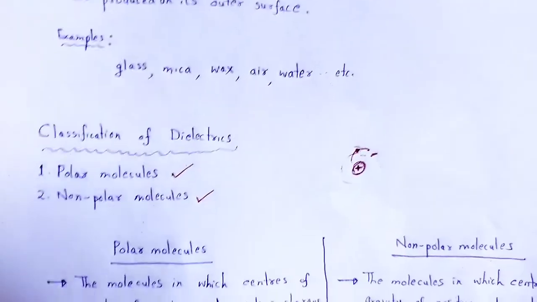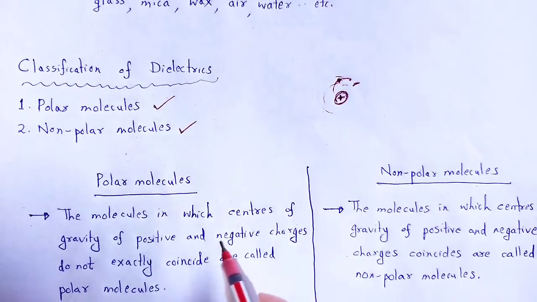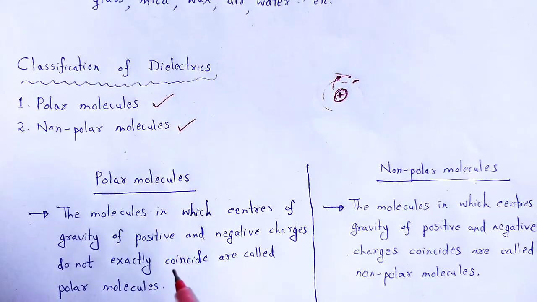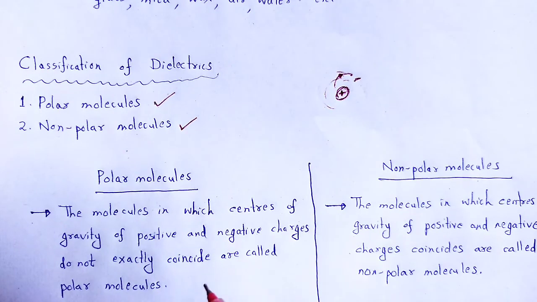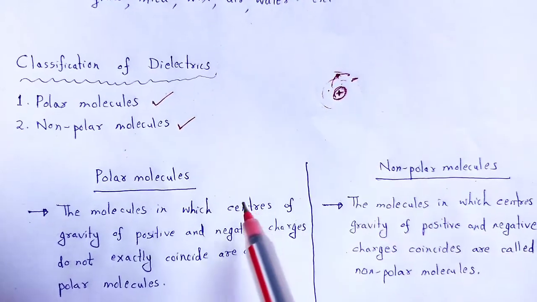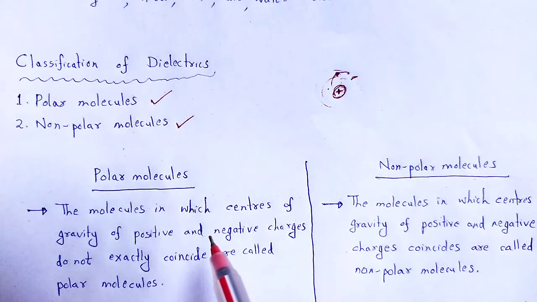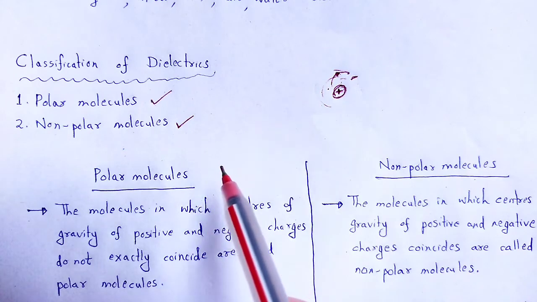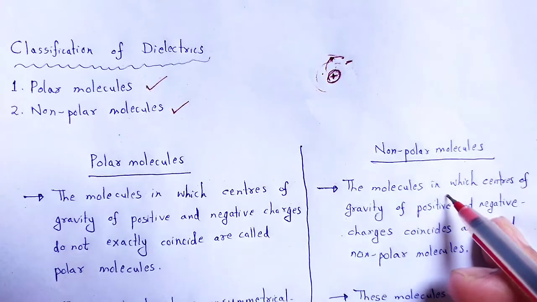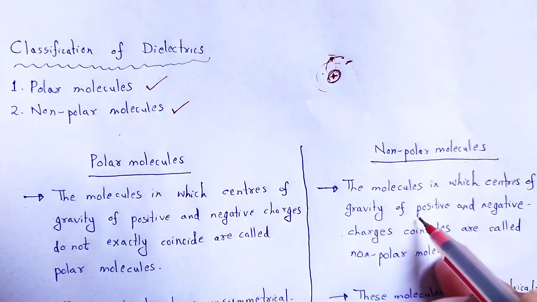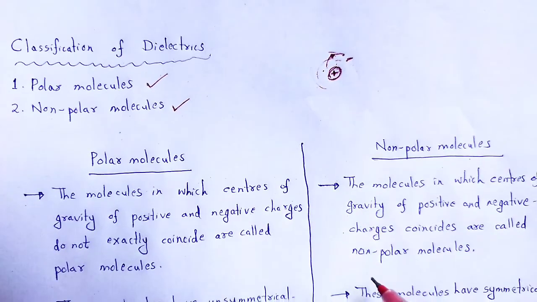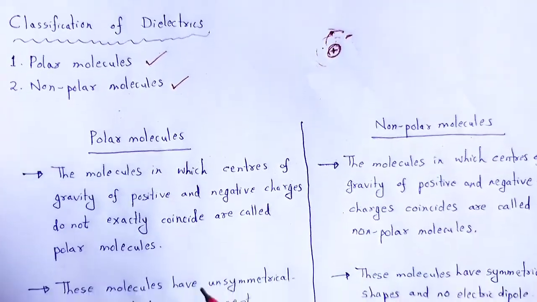So, what are polar molecules? The molecules in which the centers of gravity of positive and negative charges do not exactly coincide are called polar molecules. And in non-polar molecules, the centers of gravity of positive and negative charges coincide.